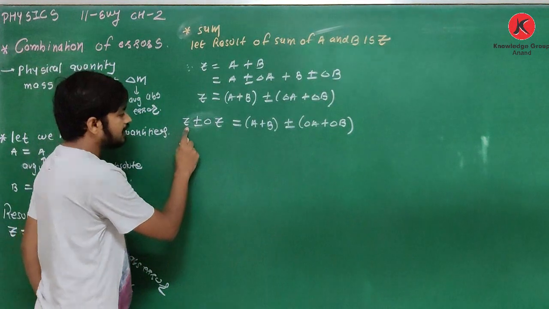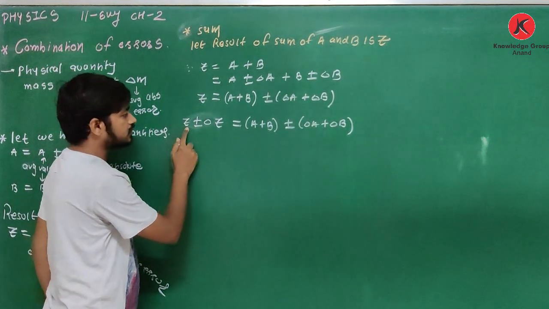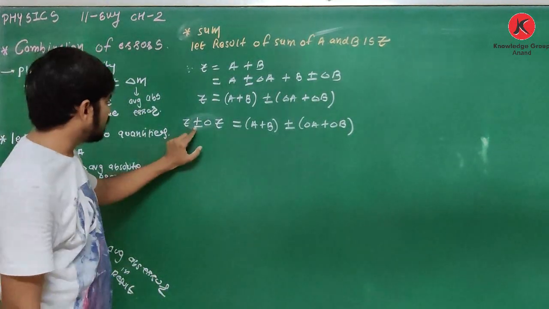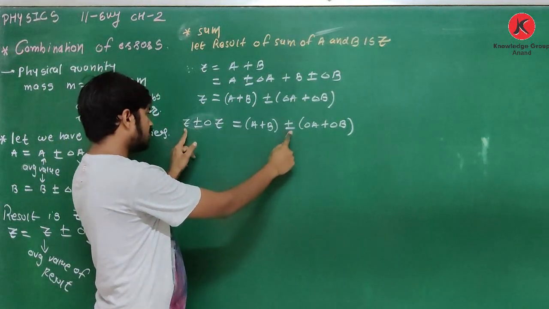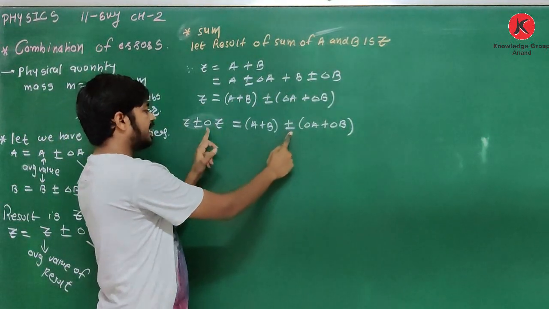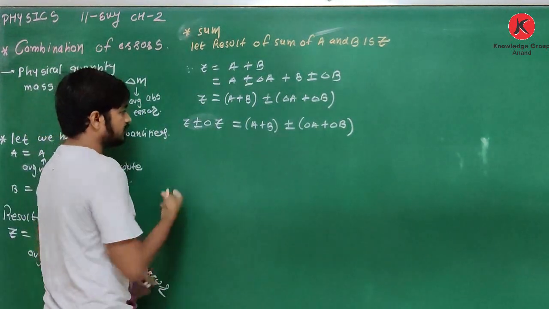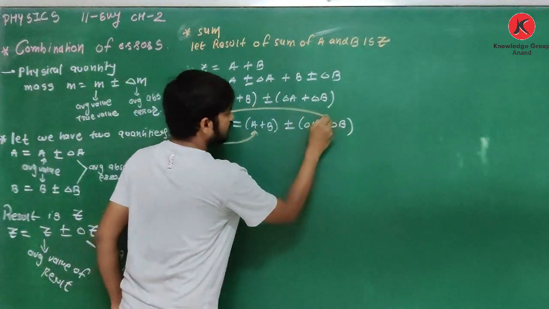See, Z means true value or mean value or average value of the result. A plus B. Here between there is a plus or minus sign. So I can compare this term with A plus B, and I can compare this term with delta A plus delta B. So yes, you have to compare like this: comparison of Z with this and comparison of delta Z with this.